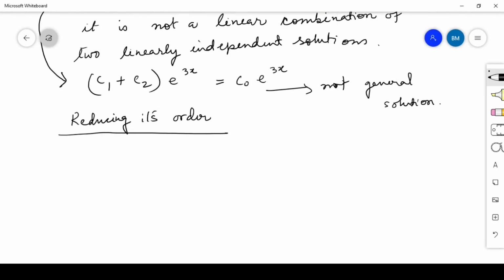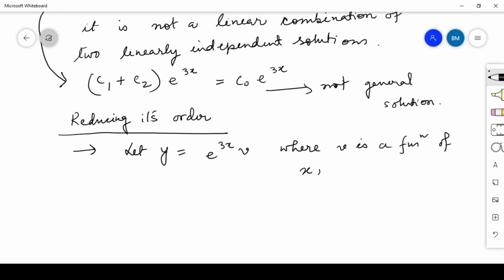So we want another solution of the same equation. For that, let us proceed this way. Let y equal e to the power 3x into v, where v is a function of x to be determined. We will find it.